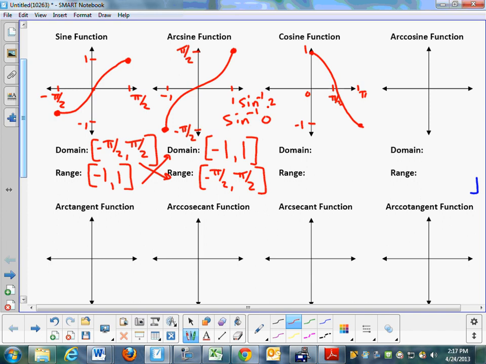So the domain in this situation is what? 0 to pi. Very good. What's the range? -1 to +1. Good. What happens when we switch? They flip. We go domain is now -1 to +1, and we go range is 0 to pi.